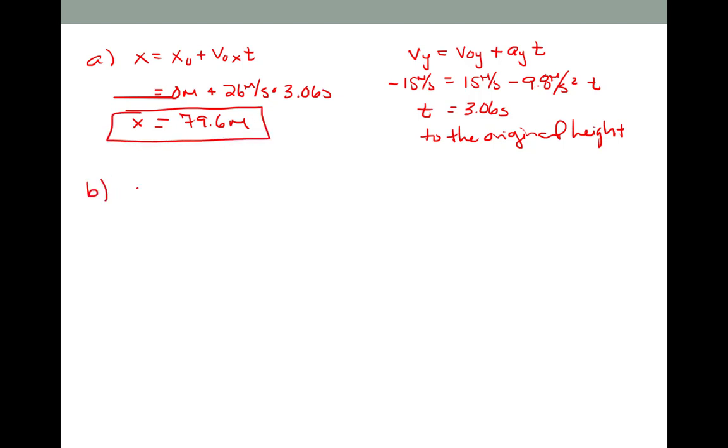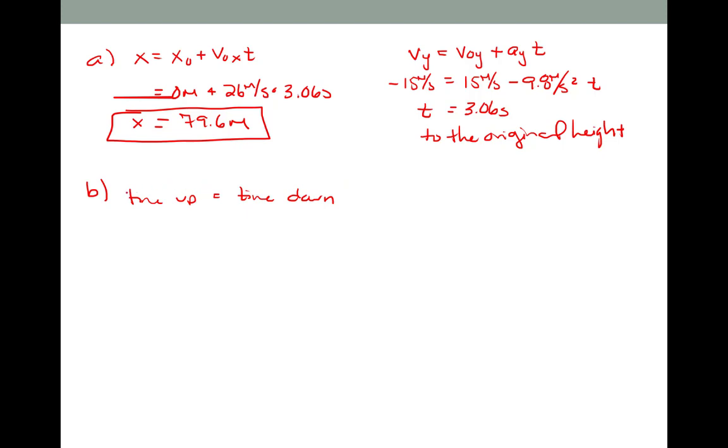For part B, I'm going to again invoke symmetry. By symmetry, I know that time up equals time down because I'm starting and stopping at the same height in that case.